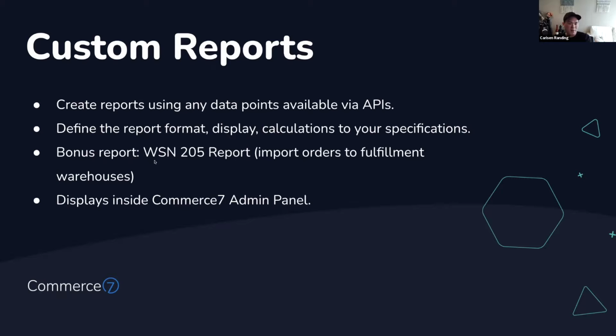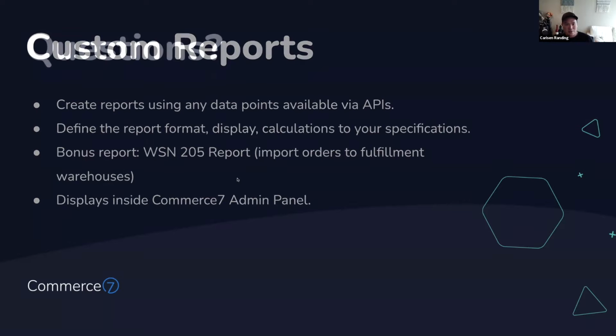So if for whatever reason you need to manually import orders directly from Commerce7 into the fulfillment warehouse, skipping ShipCompliant, because that's the most common connector, you can use the WSN 205 report. And it also displays directly inside the Commerce7 admin panel, just like the other apps that we discussed.